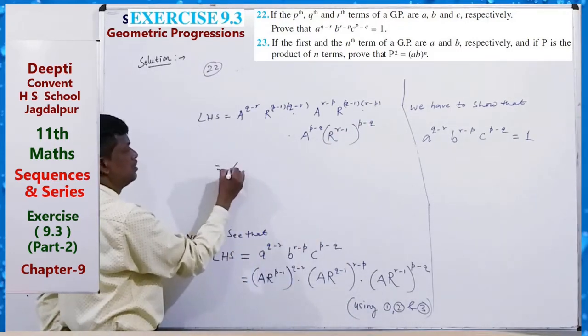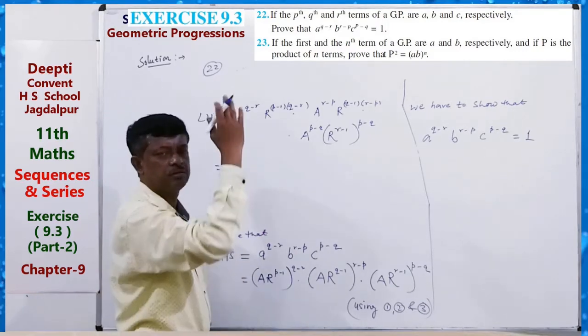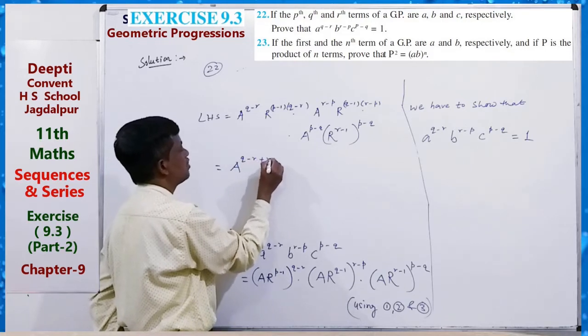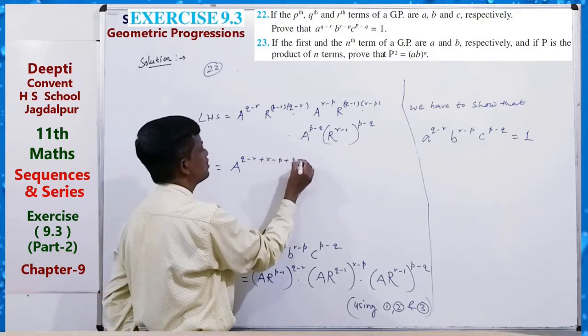Collect the power of A: (q minus r) plus (r minus p) plus (p minus q).